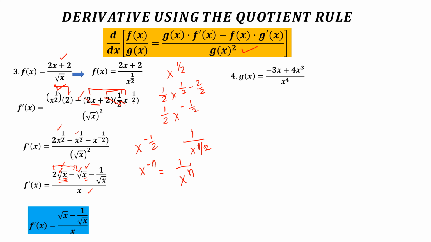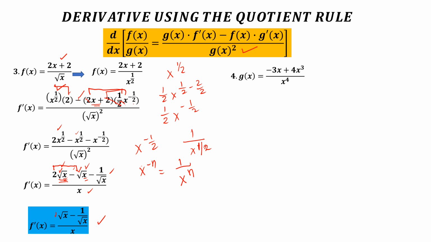Again, we can combine the coefficients of our radical expression if they have the same index and the same radicand. So 2 minus, understood there is a 1 in there. So therefore, it's positive 1 square root of x minus this one, okay, over x. So this is our derivative for the first function.